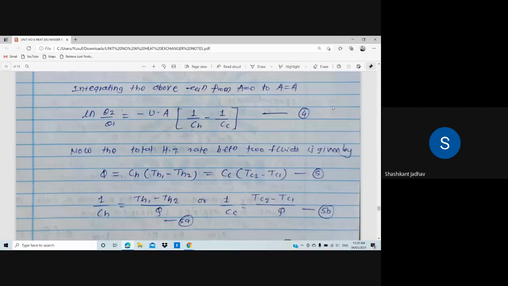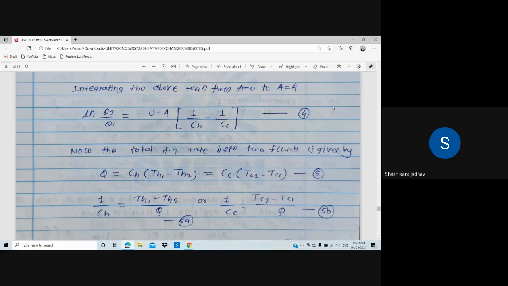Now the total heat transfer rate between two fluids is given by.